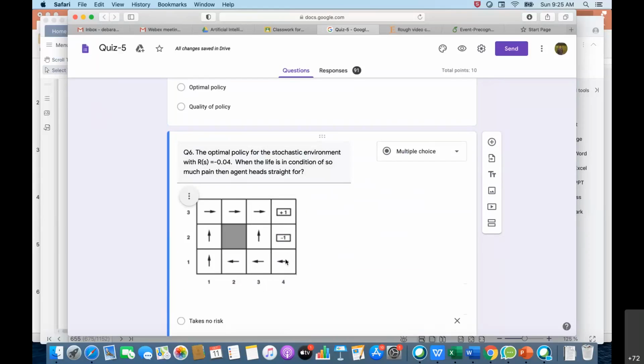Life is painful, but not so painful that it should commit suicide. If it enters minus 1, then it is equivalent to suicide. And if the reward value is more than minus 1, then only it will take that action. Okay.